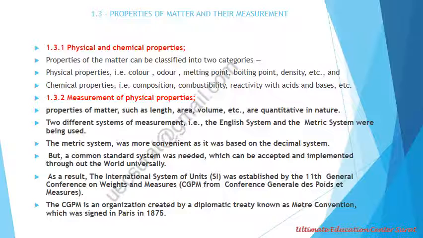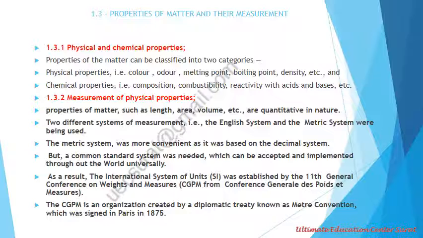As a result, the chemists and scientists gathered at a place and established the International System of Units, the abbreviation of which is SI unit. Commonly it is known as SI unit. It was in the 11th General Conference on Weights and Measures, commonly known as Conférence Générale des Poids et Mesures.